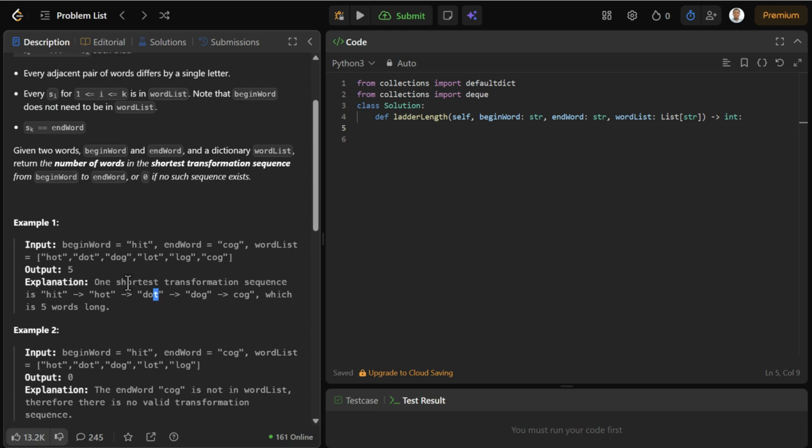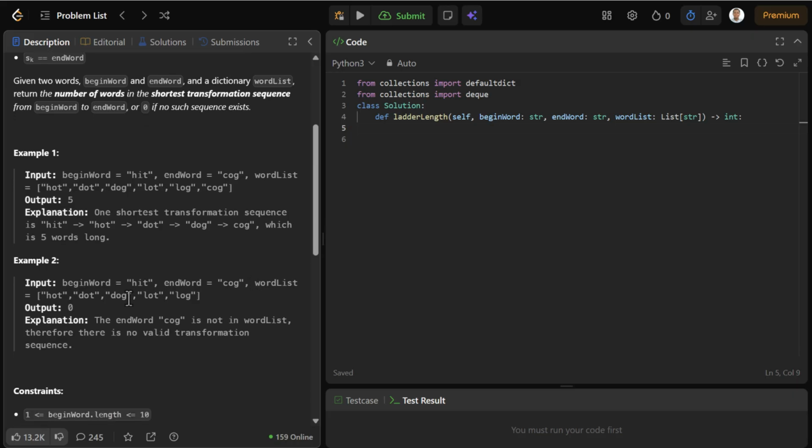Again, don't forget that the adjacent pairs must differ by just a single character. If you look at all these, they all differ by just a single character.